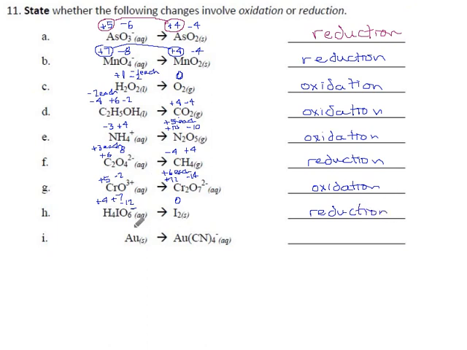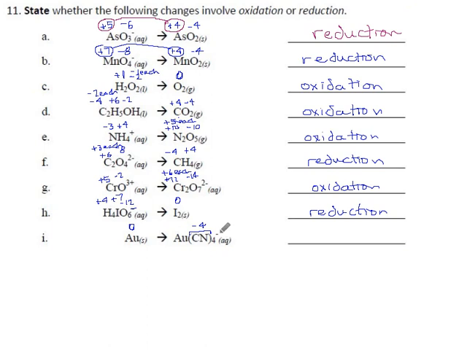And finally, gold in pure element form has an oxidation state of 0. And now we have gold cyanide. The cyanide ion overall has a charge of -1. You can look it up on the polyatomic ion list. There are 4 cyanides, so these collectively are bringing a charge of -4.